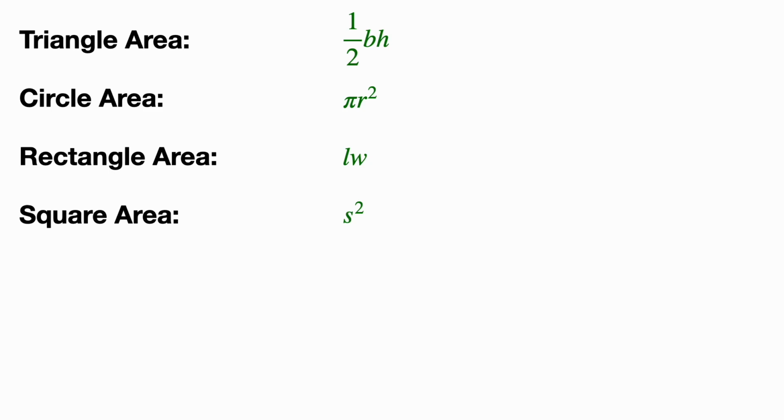And the area of a square is S squared, or the side squared. These are just some of the formulas that we can use to get the area or volume of these shapes. But not all shapes out there have formulas to get us the area or volume. For these shapes, this is where we can use calculus to find these areas and volumes.